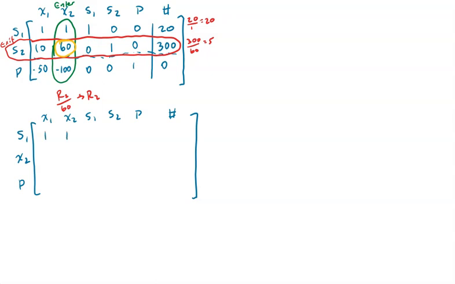So row 1 stays the same, no change there. Row 2 though, if we divide everything by 60, we get 1/6, 1, 0, 1 over 60, 0, 5. Then our last row also stays the same for now.